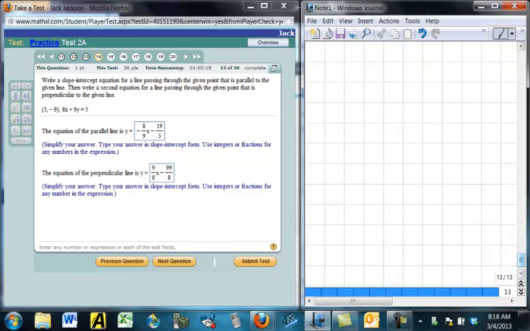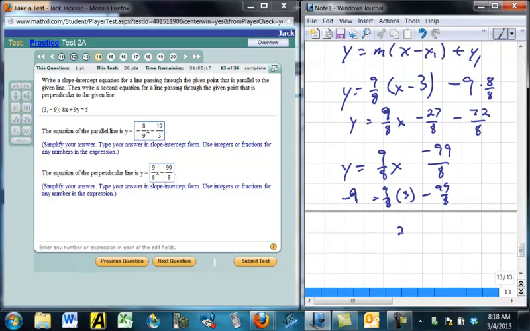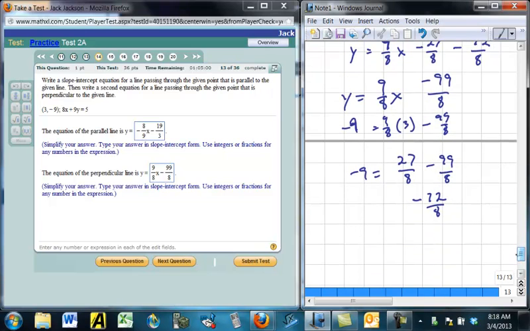So this is 27/8 minus 99/8, that's -72/8. 8 times 9 is 72, so that's -9. It's supposed to be -9. So it does go through there.